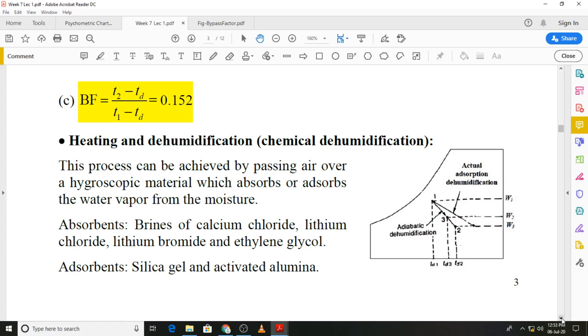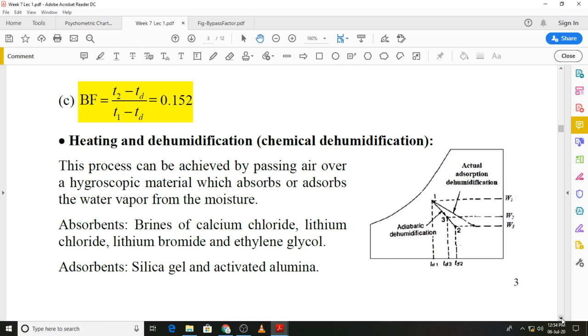The last process that we are now going to look at is the heating and dehumidification process, which is also known as chemical dehumidification. This process is carried out by passing air over a material which has an affinity for moisture, that is, a hygroscopic material which can absorb or adsorb the water vapor.